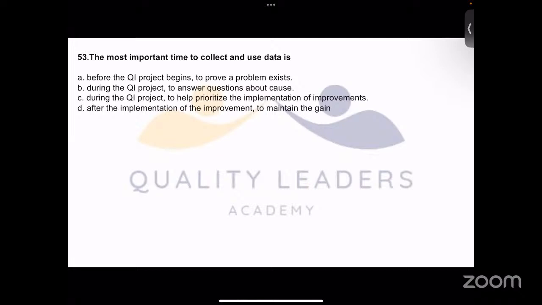What's the answer? The most important time is before the project begins, because to identify the problems, to define causes, and to set improvement plans. So before the quality project begins, to prove a problem exists, is the correct answer.